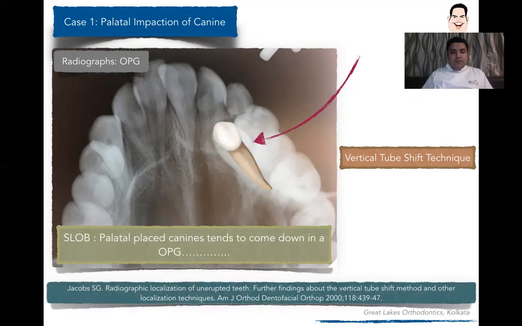However, you can go through this article by Jacobs, radiographic localization of unerupted teeth, further findings about the vertical tube shift technique, to actually know how exactly vertical tube shift is done.